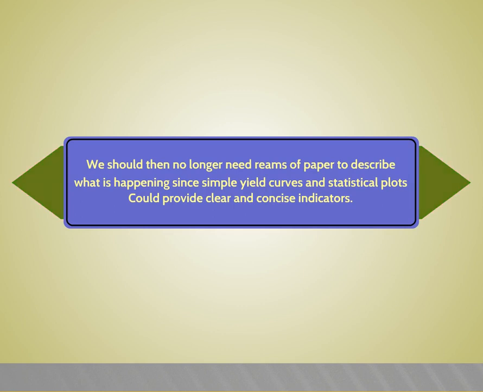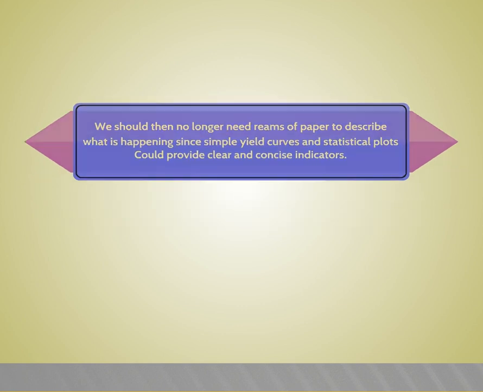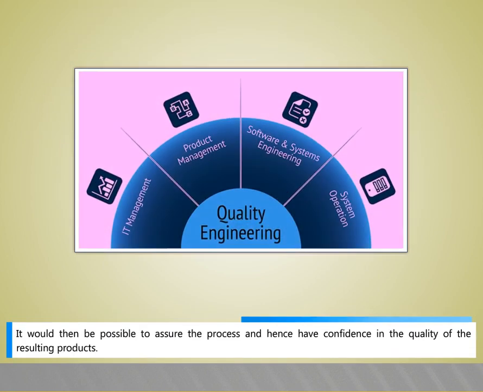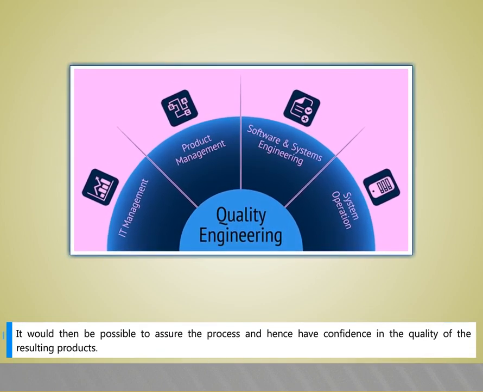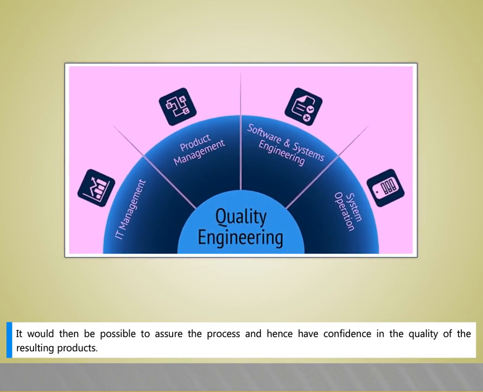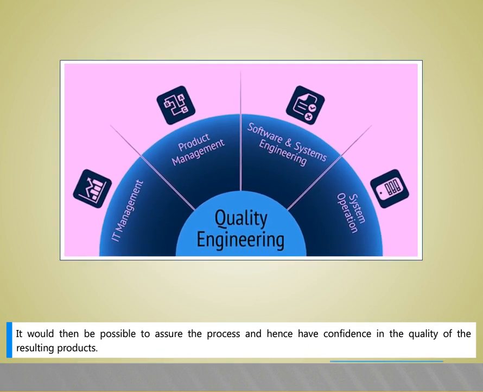We should then no longer need reams of paper to describe what is happening, since simple yield curves and statistical plots could provide clear and concise indicators. It would then be possible to assure the process and hence have confidence in the quality of the resulting products.